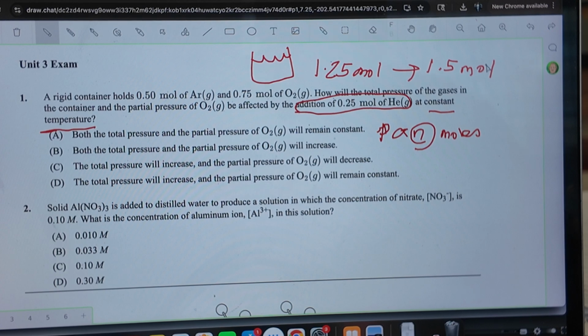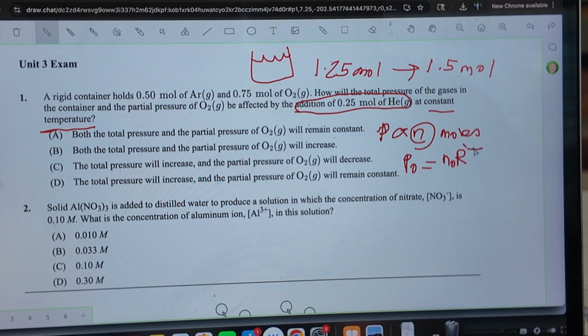But the oxygen partial pressure would not change, because of the partial pressure for a specific gas in an ideal mixture. There's an equation for this, and I think it was in your unit notes. The pressure of oxygen is the moles of oxygen, n_O, times R, times temperature over volume.